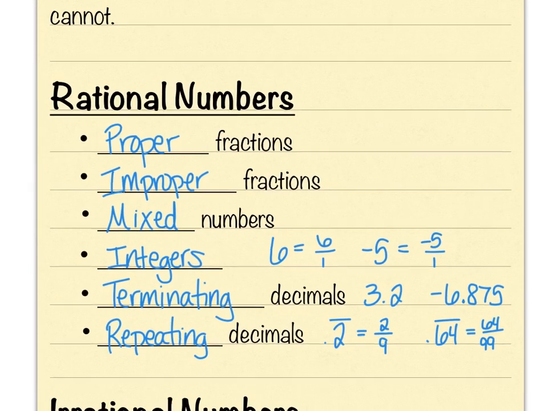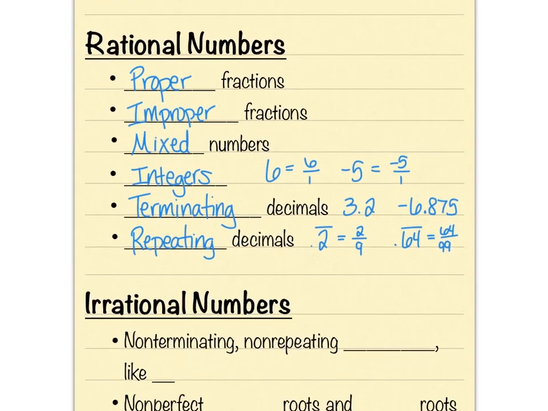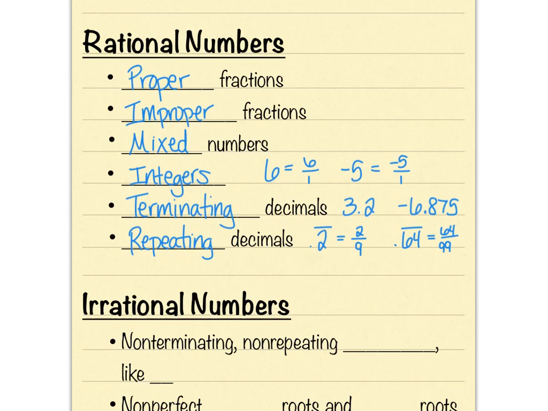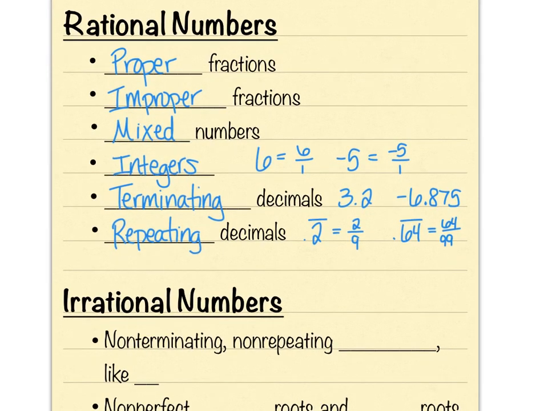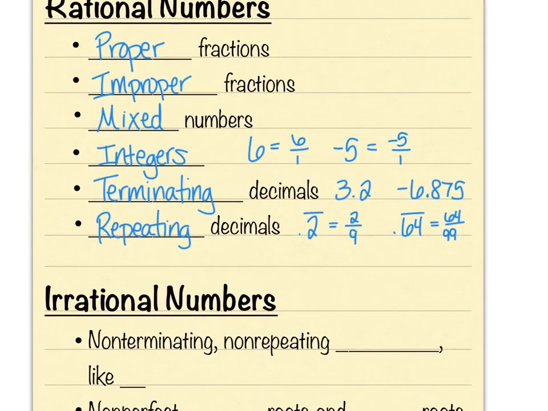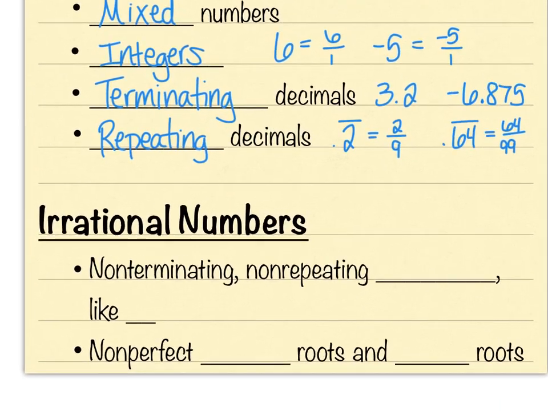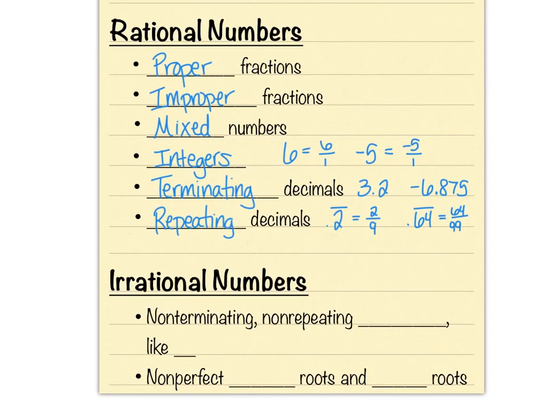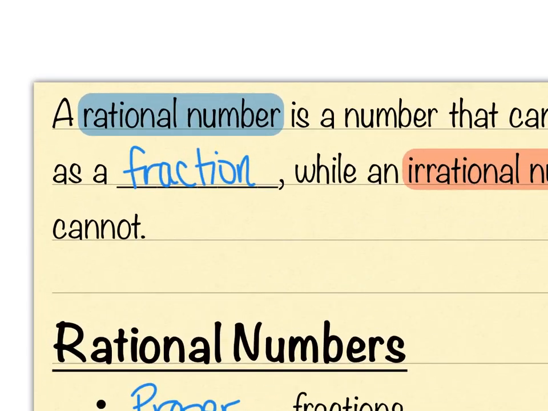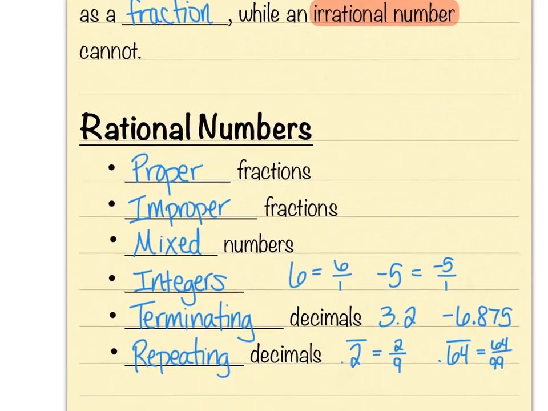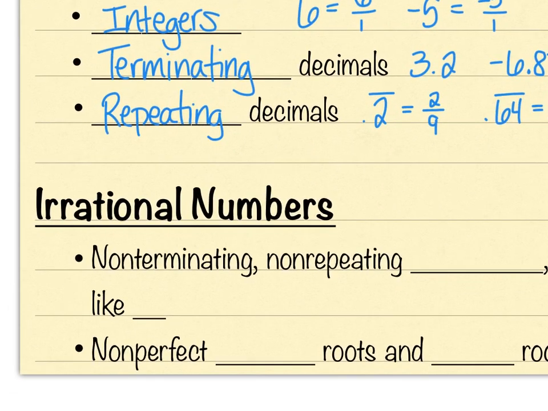So now let's look at irrational numbers. You might notice those are pretty much all the numbers you've ever worked with in your math career, right? Proper fractions, improper fractions, mixed numbers, integers, terminating and repeating decimals. And so what does it mean to be an irrational number? Well, if the definition of a rational number is a number that can be written as a fraction, then an irrational number, again, is one that cannot be written as a fraction.